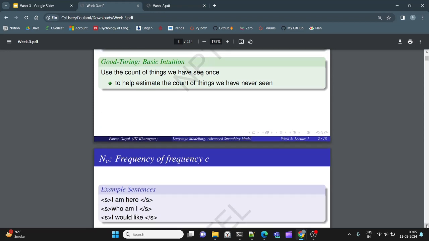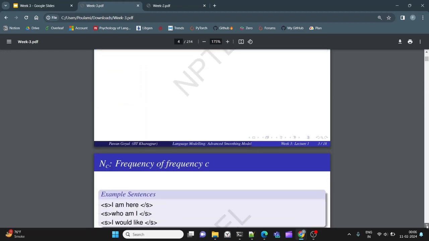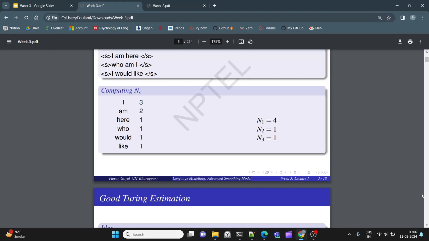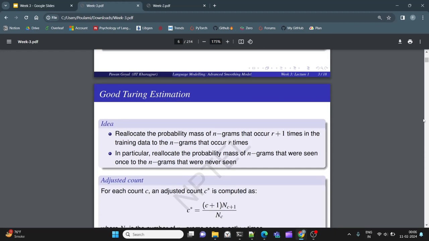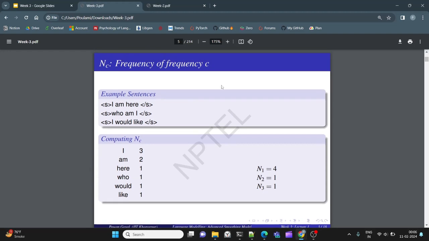So in good Turing, what is the main intuition? We use the count of things which we have seen once to estimate the count of things we have never seen. This is the most important thing in good Turing. Here an important thing is Nc.